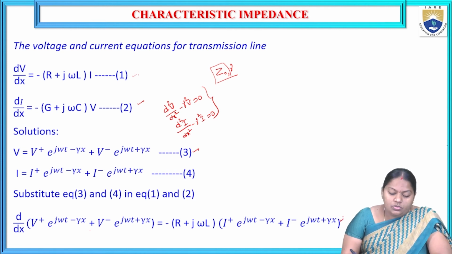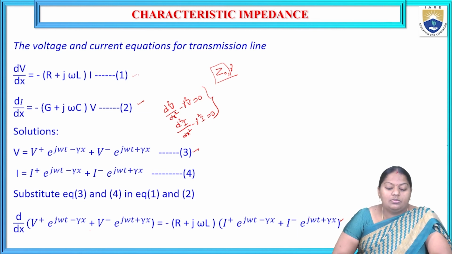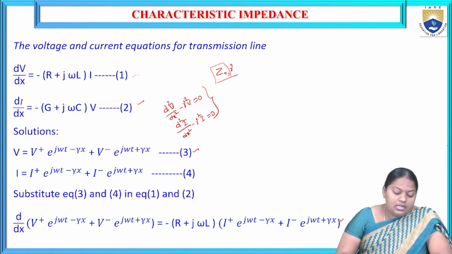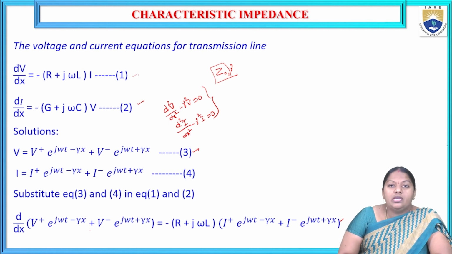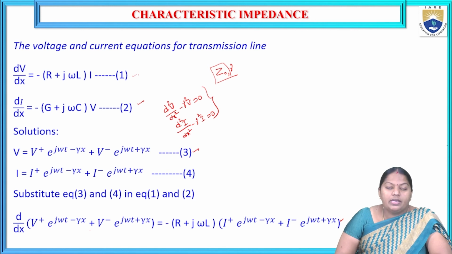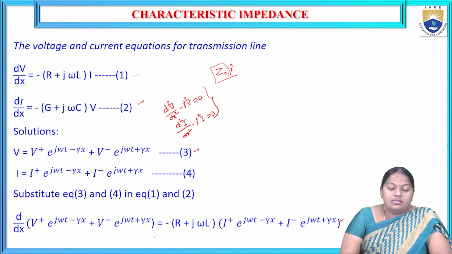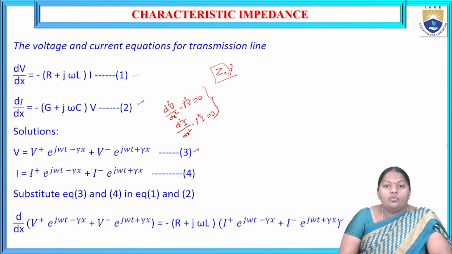So if you consider equation number 1 and substitute 3 and 4, then this becomes d/dx of [V plus e^(jωt − γx) plus V minus e^(jωt + γx)], which is equal to minus of (R + jωL) into [I plus e^(jωt − γx) plus I minus e^(jωt + γx)], right?